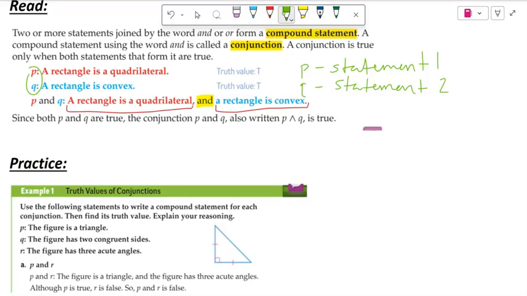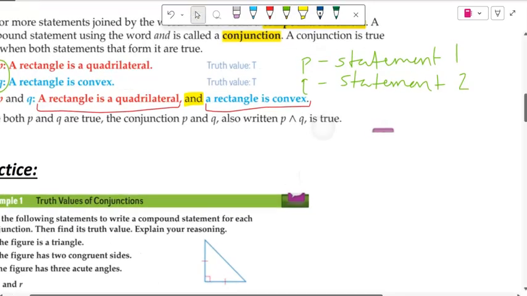It's just how we're separating the statements so that you can organize the problems as they get a little lengthier. It'll start to make sense as the day goes on. So the conjunction would be a rectangle is a quadrilateral and a rectangle is convex. So then this is the conjunction, exactly. Because it's using the word and to join statement 1 and statement 2 together, right?